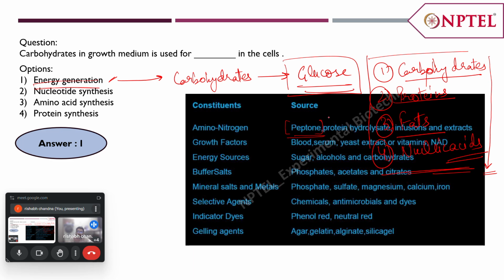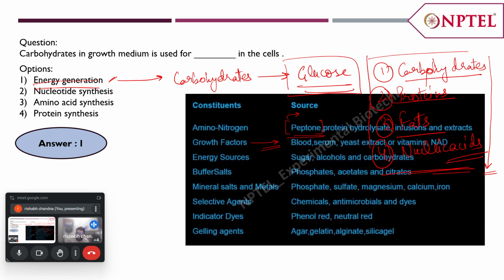This is basically the partially denatured protein that is in simpler forms and can be used by the bacteria or the cells that we are growing. Then come the growth factors. Growth factors are generally used for mammalian cell cultures or plant cell cultures, but not bacterial cell culture, because bacteria can directly utilize the carbohydrate source and grow.